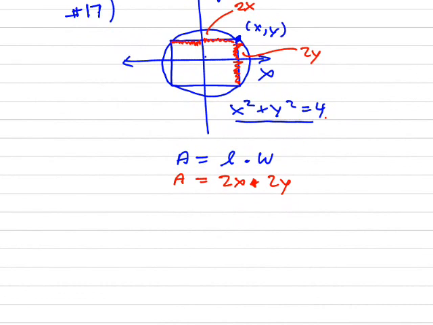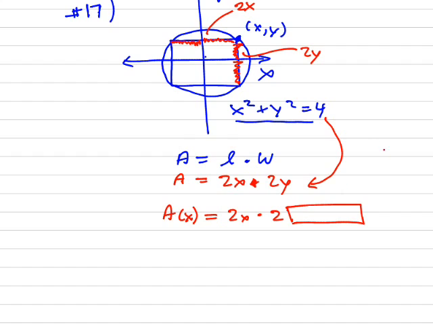So that's the area, and then this other equation is going to help us substitute into this equation, because we want area as a function of x only. That means we have to find some way to substitute something in for y. So we'll go ahead and write 2x times 2 and then a box, because we're going to substitute something into that box.